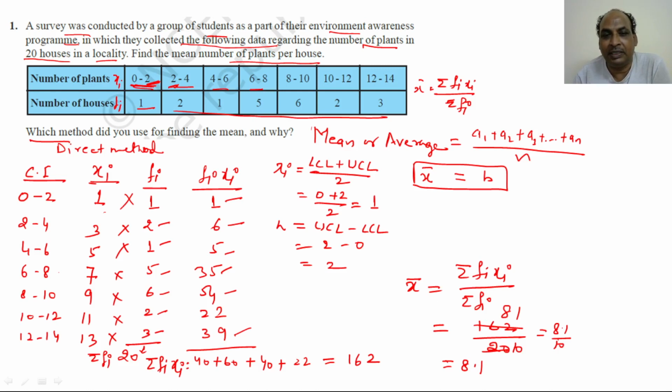This direct method we have used here because the multiplications were small, very big multiplications were not there. That's why we used the direct method, and you must know the direct method also. Then there are the assumed mean method and after that the step deviation method. That also we will solve in the next question.